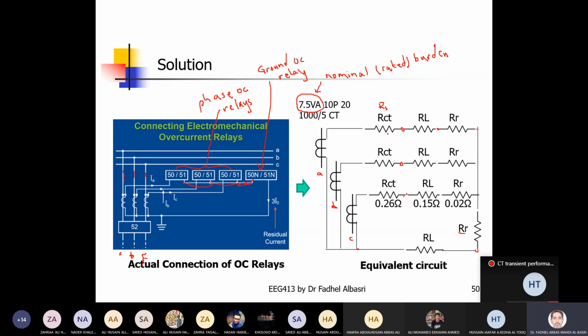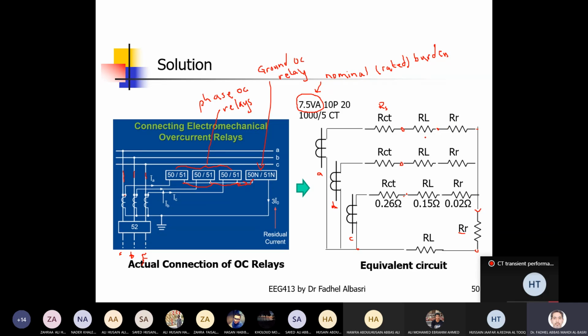Okay, so we consider the phase relays, because the burden is normally measured during normal operating conditions. During normal conditions, the system is balanced, so the sum of the currents is 0, so there is no current passing in here. So this current will be 0. So there will be no burden on the CT due to the ground overcurrent relay.